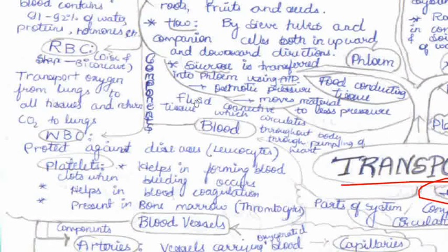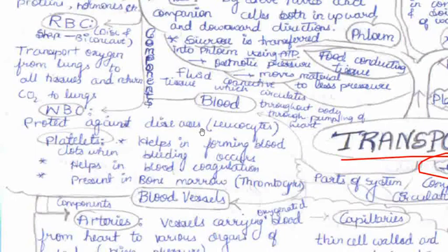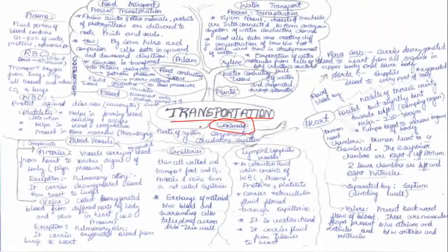They are disc-shaped structures and biconcave in shape. That means they are bent a little inward. One minute, I will draw the structure.